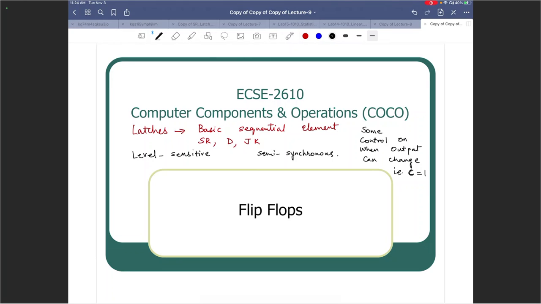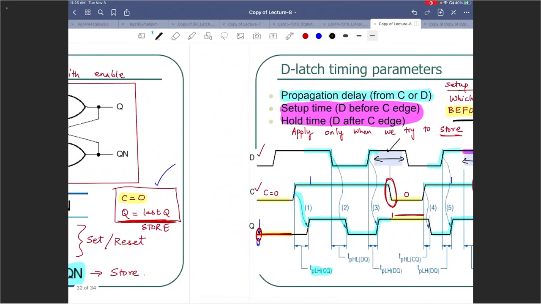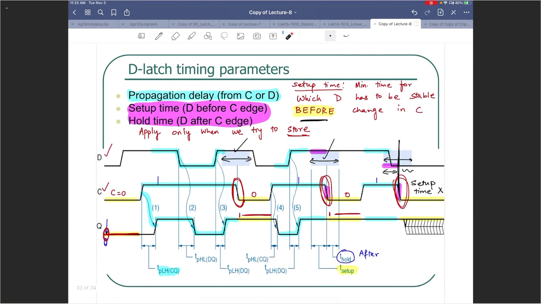However, that control was not very precise in timing, because C equals 1 indicates that as long as C is at the level 1, my output can keep changing, right? If I go back and look at this timing diagram, you can see that as long as C was 1, the blue regions, my output kept changing, right?